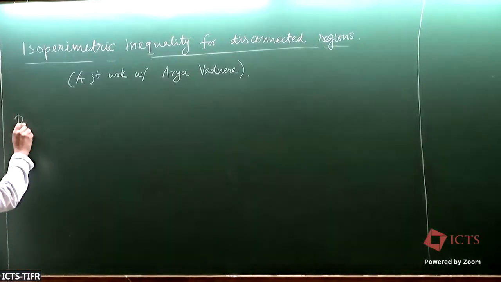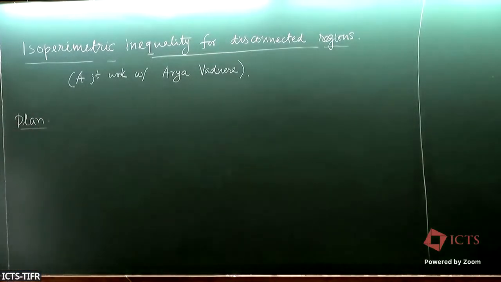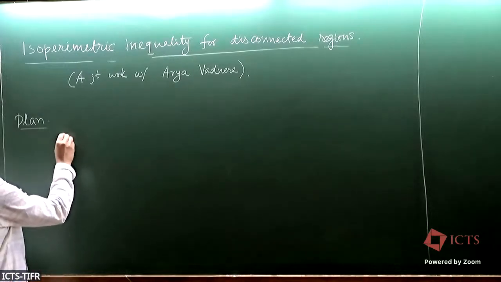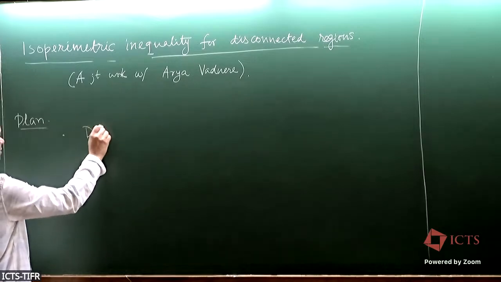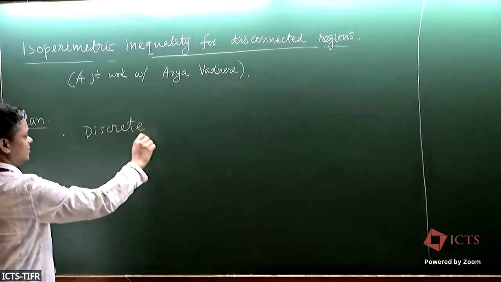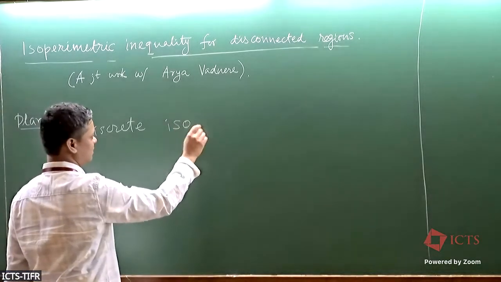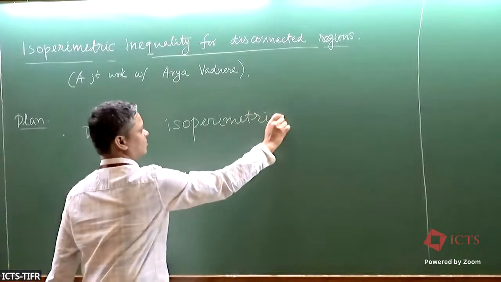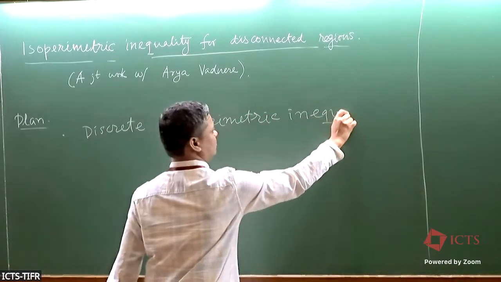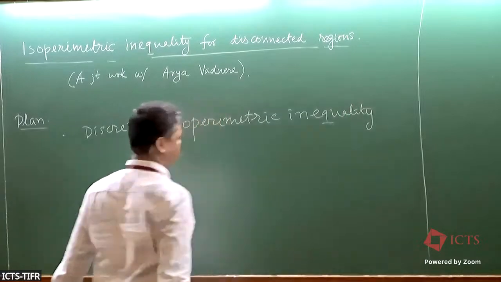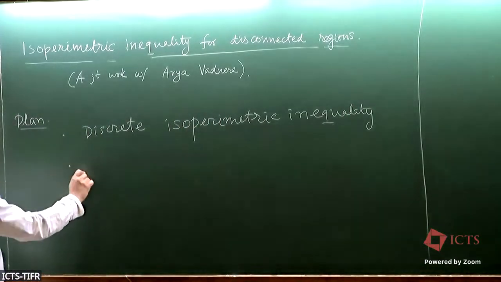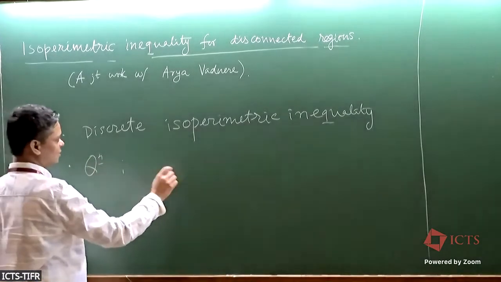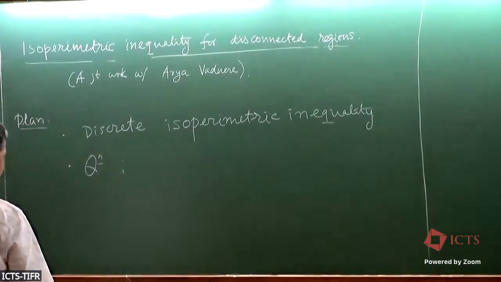So, the plan. We begin with the discrete isoperimetric inequality. Then we ask the question on isoperimetric inequality for disconnected regions.